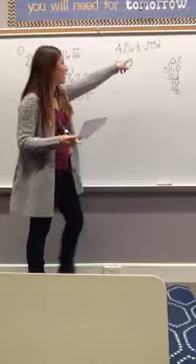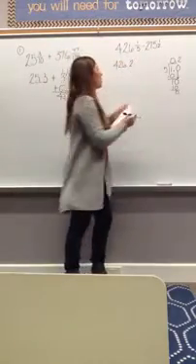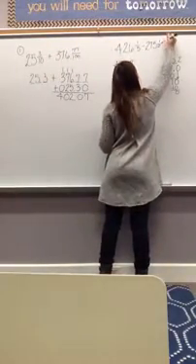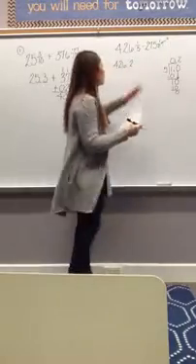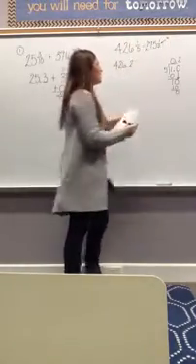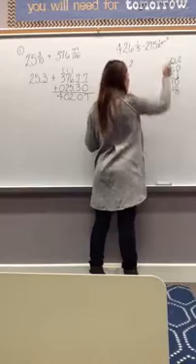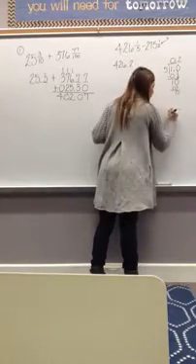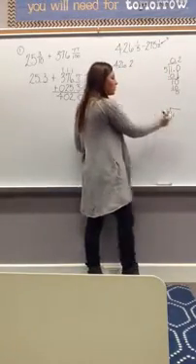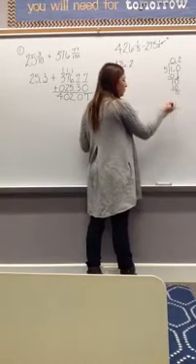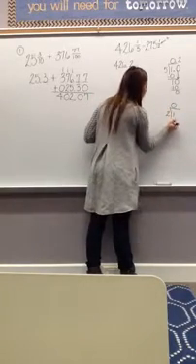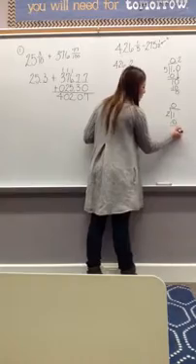Now we need to change 1/2 into decimal form. Remember, this fraction line can sometimes mean divide. So when we're changing from a fraction into a decimal, we need to divide. So 1 divided by 2. If you have 1, how many groups of 2 can you make? 0. 0 times 2, 0. 1 minus 0 is 1.